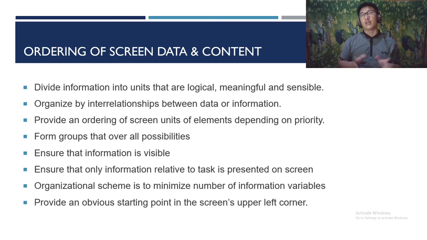Ensure that only information relative to the task is presented on screen. For example, a person walking in the field. You search that one, and then the picture that pops up is a person who is running, which makes you confused, right? Because you searched for the person who is walking, but the information popping up is not accurate. So we should consider that also, as part of ordering the screen data and content.